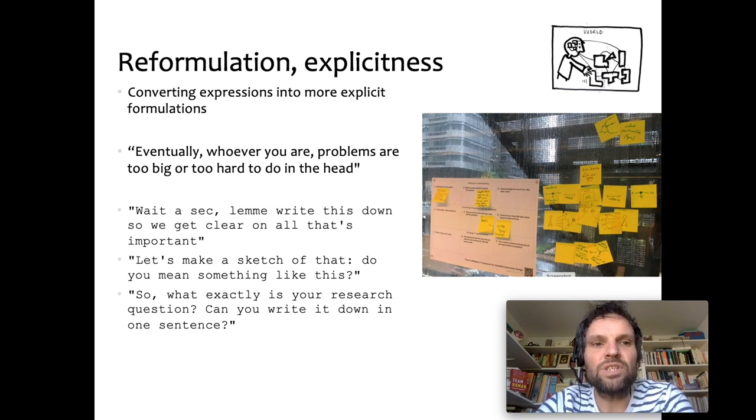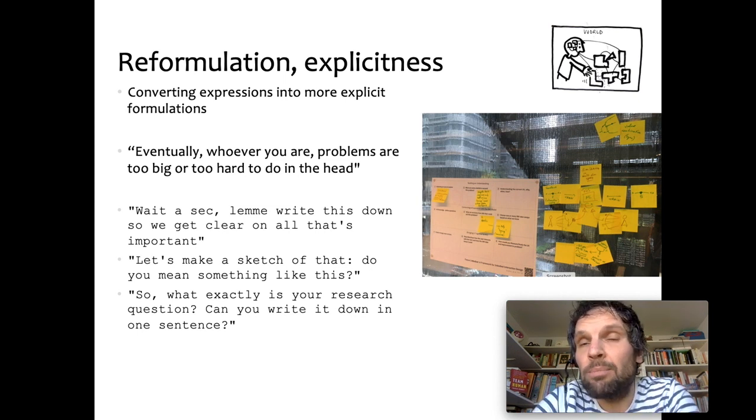So this is about converting expressions, vague thoughts, into more explicit formulations. Because in your mind, things go everywhere, but once you write it down, once you put it into a drawing, a graph, you fixate your thoughts, right?